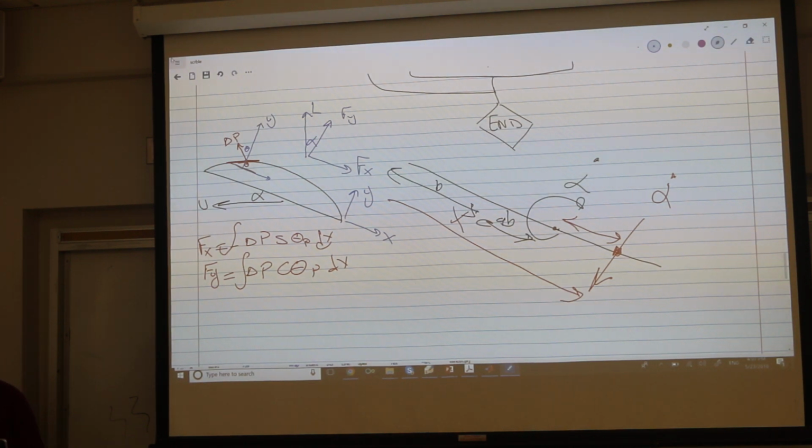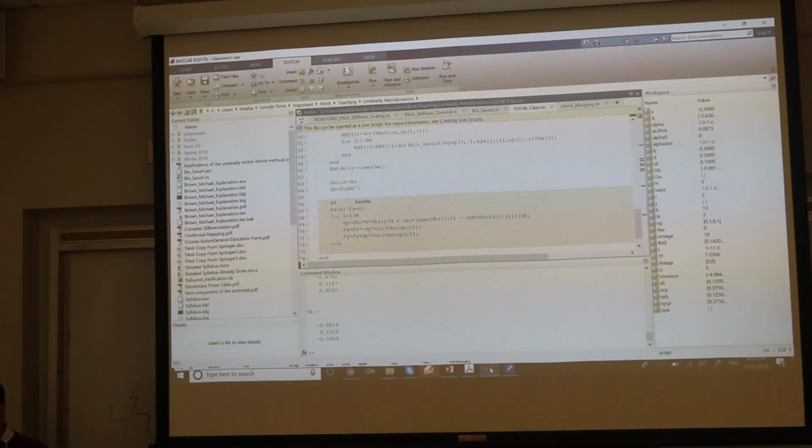Okay? So I'll go and do this. The total lift is fy times cosine alpha, alpha of this time step, right? Minus fx times sine alpha of this time step.